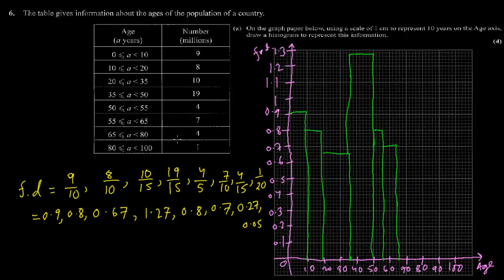The next one is 65 to 80. So 65 to 80, it has a height of 0.27. So this would be 0.2 and 7. 0.27, and finally we have 80 to 100, and that would be 0.05. So if this is 0.1, half of that is 0.05, and that is 80 to 100, and that's the histogram.